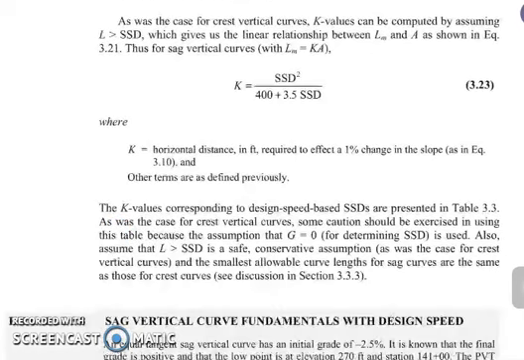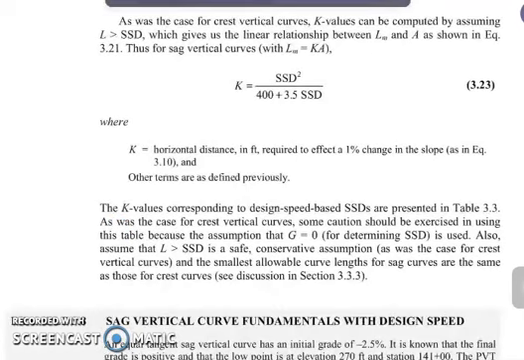The K values corresponding to the design speed and SSD are presented in tabulation in Table 3.3. Same as with the crest vertical curve, some caution should be exercised in using Table 3.3 because the assumption that G is equal to 0 in the determination of SSD is being used.